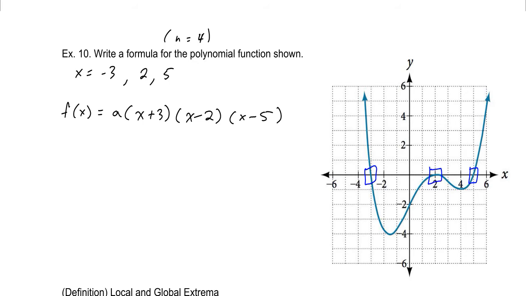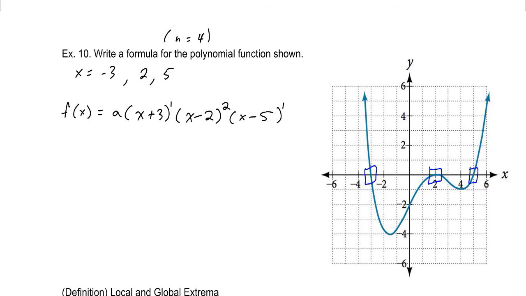So at 2, we have a multiplicity of 2. I'm going to say we have a multiplicity of 1 for each of those because of that linear fashion in which they cross. Because it moves very linearly in that small little rectangle I drew there, I can say it's to the first.